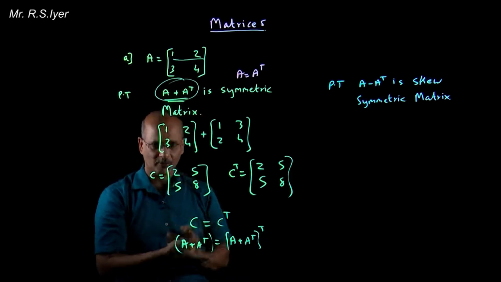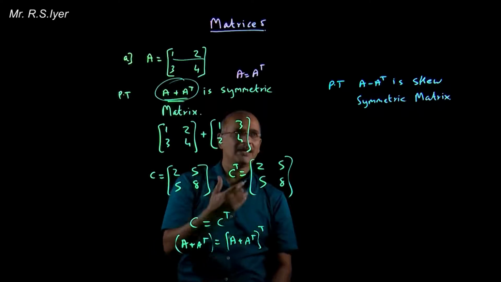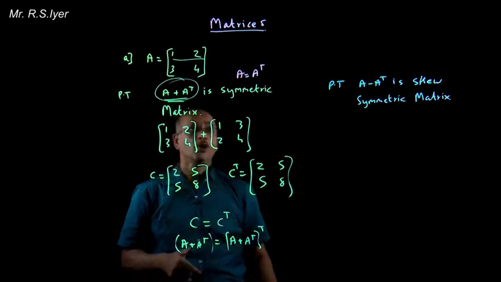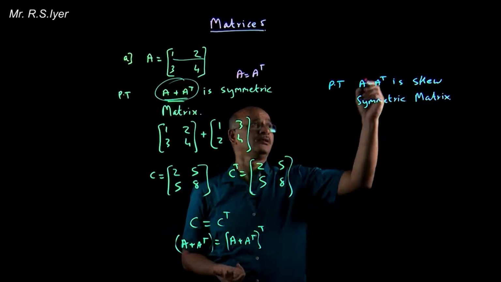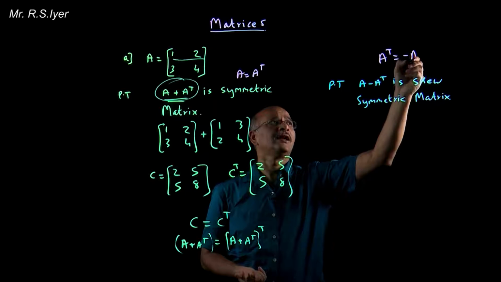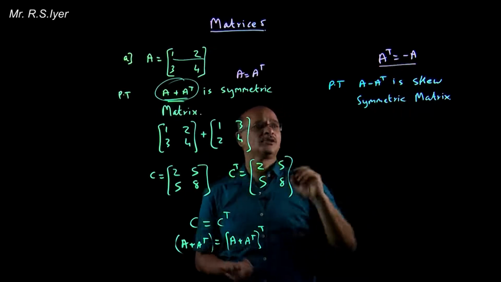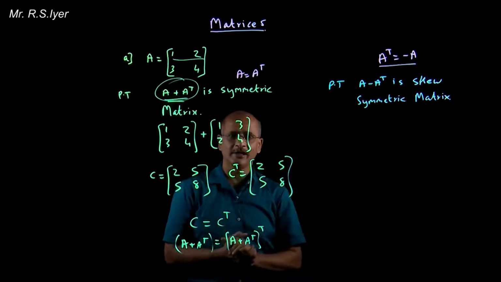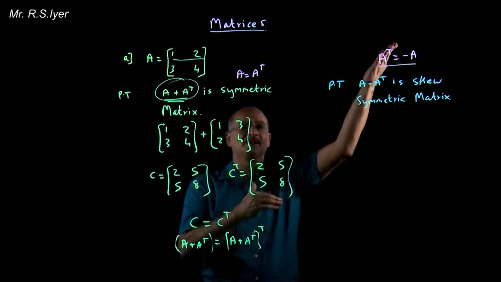So I hope you are getting my point very clear. So similar approach for A minus AT for skew symmetric. So everybody knows when a matrix is skew symmetric, when transpose of a matrix is negative of the matrix, then it is skew symmetric, right? So first thing you have to get A minus AT, because you don't have to prove A is skew symmetric.